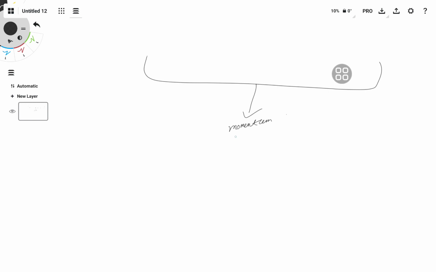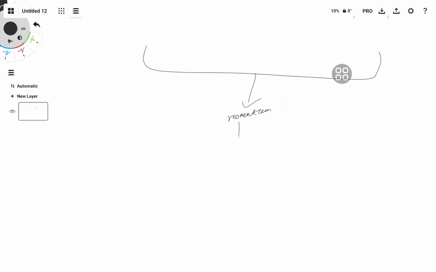Momentum is basically a quantity of mass multiplied by velocity, a measurement of how a body is moving and how much mass it carries to affect other objects.